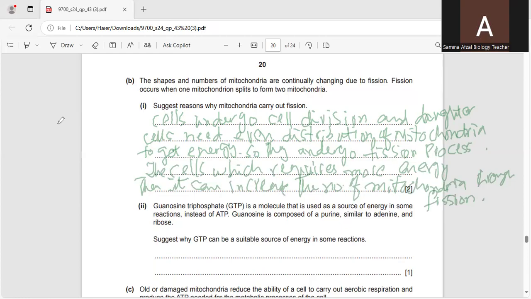Guanosine triphosphate is a versatile molecule that plays a crucial role in various cellular processes, including energy transfer. So, GTP can be a suitable source of energy in some reactions. Similar to ATP, GTP possesses high energy phosphate bonds.